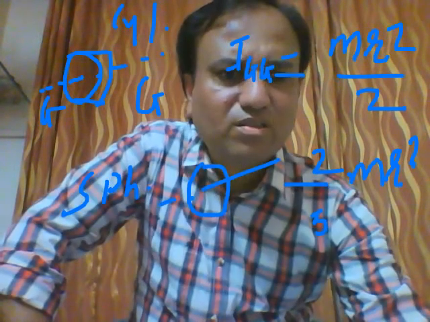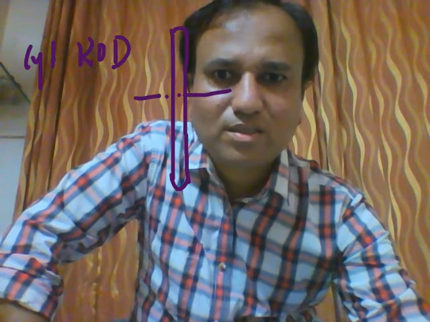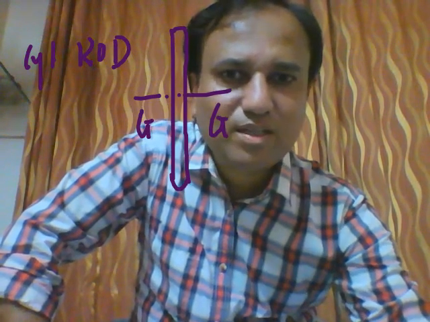In a cylindrical rod, students, I will draw a simple rod. Think about it, it has a length L, and the centroidal axis passes through the midpoint of this rod.